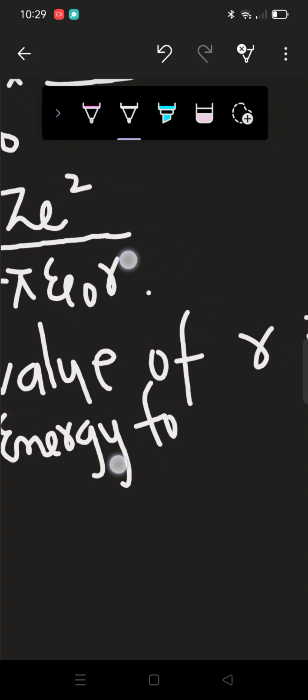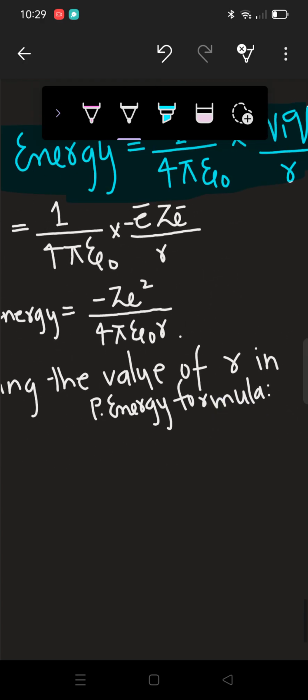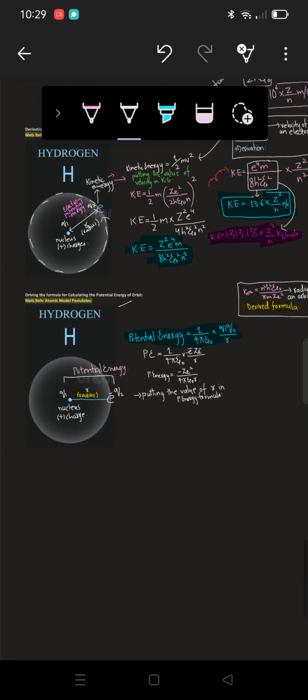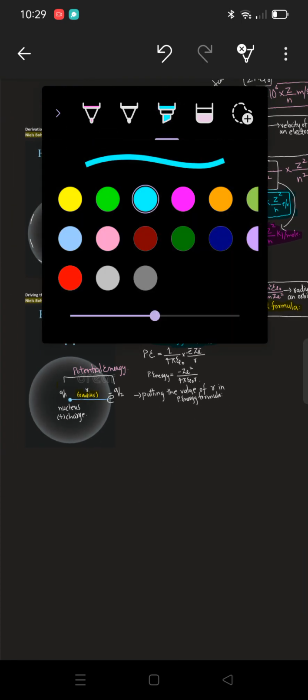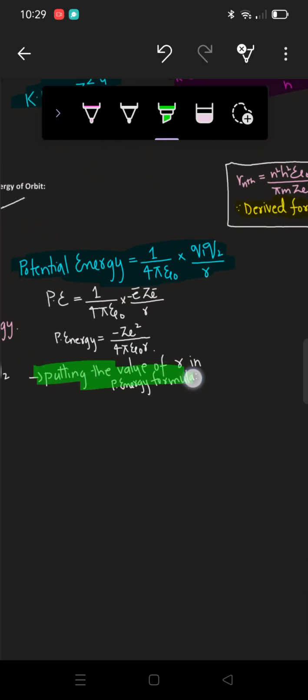Wait, before putting that, let me highlight this so that it can look good. I'm using this color now, just going to highlight this line.